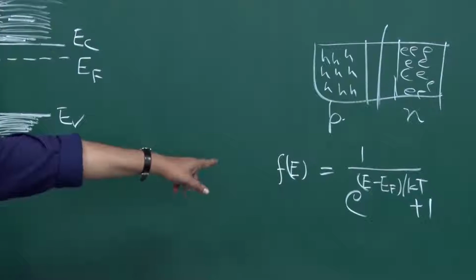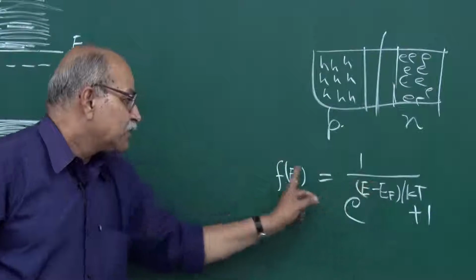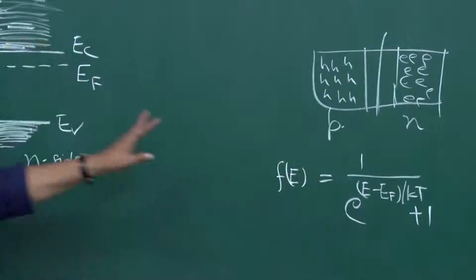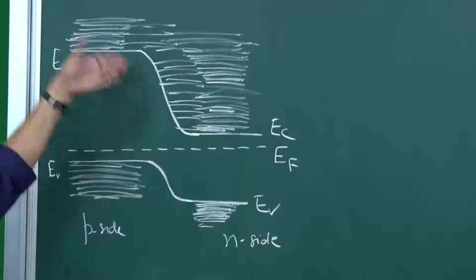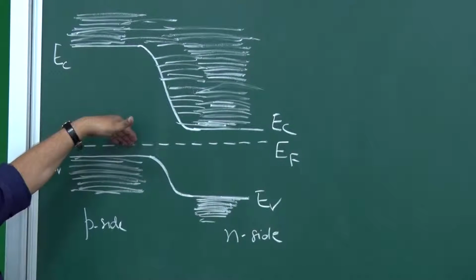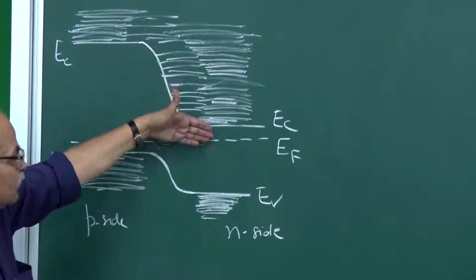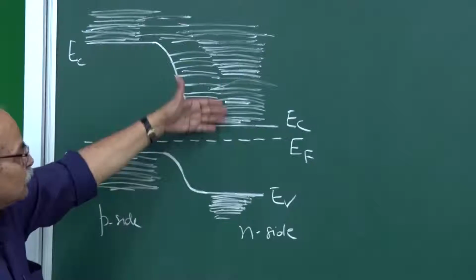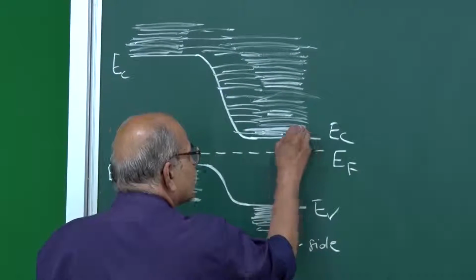So, this gives me the probability. At E equal to Ef, the probability is half. If there is a quantum state here, the probability would be half. And then for example here, or here, you can ask what is the probability that there is an electron here.